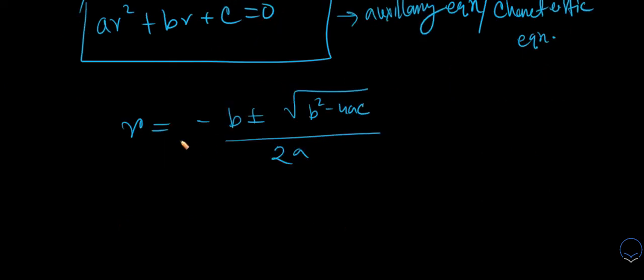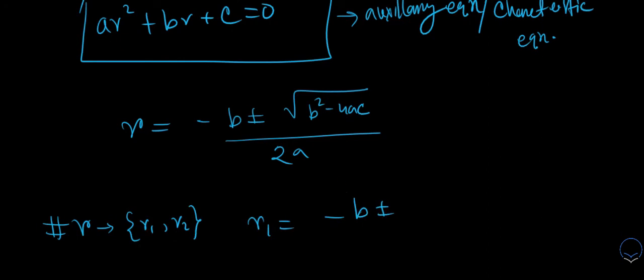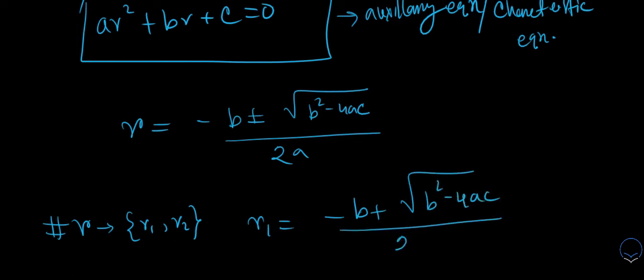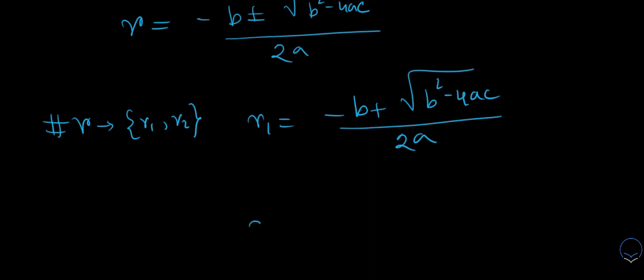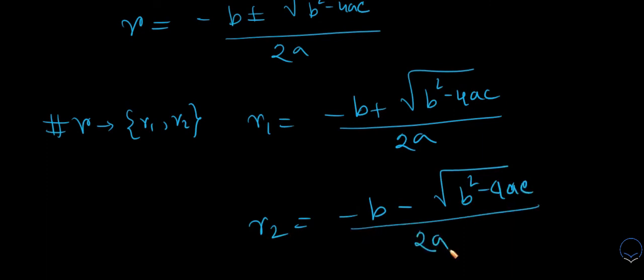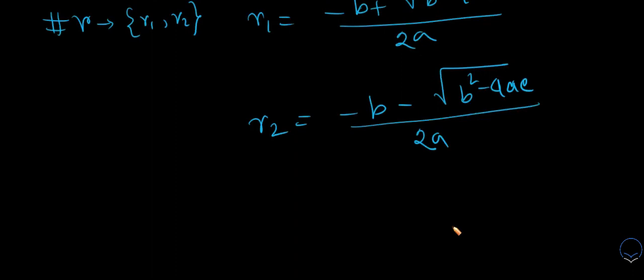So you can see that I have two roots for r, that is, r1 and r2. These are the two roots. Let's call r1 as minus b plus the square root of b squared minus 4ac, divided by 2a, and then you can call r2 as minus b minus the square root of b squared minus 4ac, divided by 2a. And now you can construct your y1.